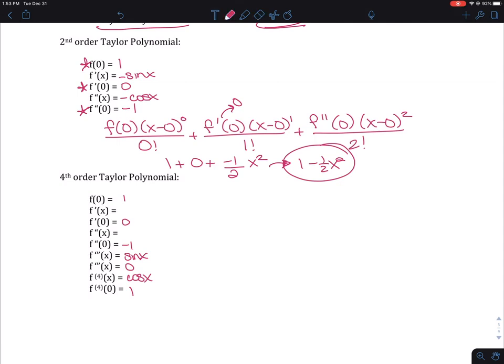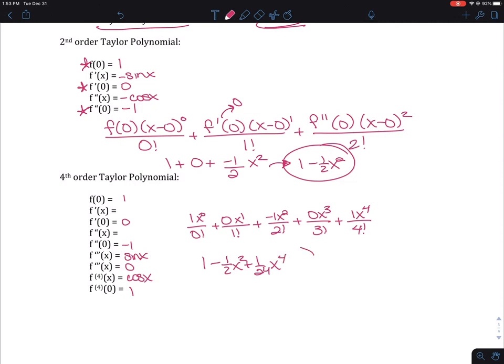So 1, x to the 0 power over 0 factorial, plus 0, x to the first power over 1 factorial, plus negative 1, x squared over 2 factorial, plus 0, x cubed over 3 factorial, plus 1, x to the 4th over 4 factorial. So I get 1 minus 1/2 x squared plus 1 over 24 x to the 4th.